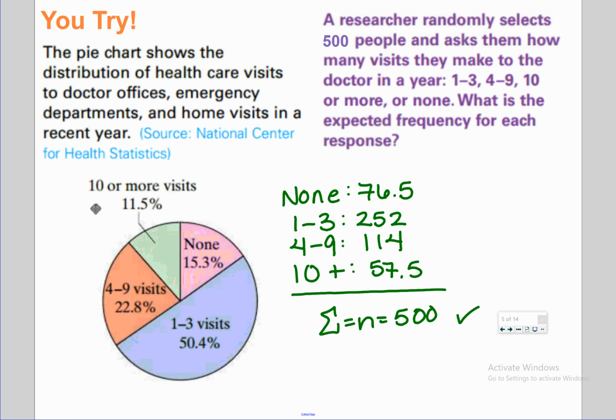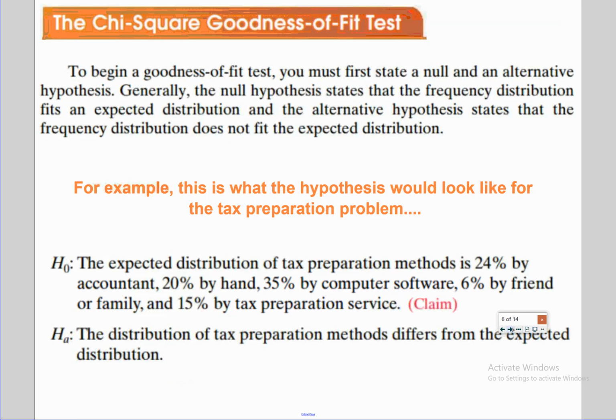Okay. All right, so on to a chi-square goodness of fit hypothesis test. So first we have to know how we're going to write the null and the alternative hypothesis. Generally, when you do these, the null hypothesis will state that the frequency distribution fits the expected distribution.